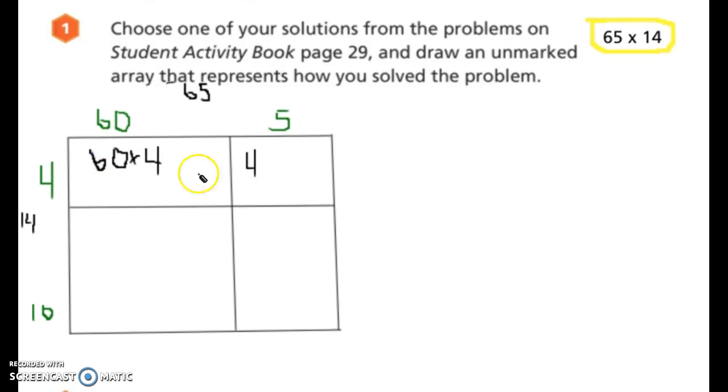So 4 is from this row, and 5 is in this column. So it's 4 times 5. Again, I've just figured out that this column is 5, so I'm going to go ahead and continue this work and add that 5 down here. And 60 carries down in here.